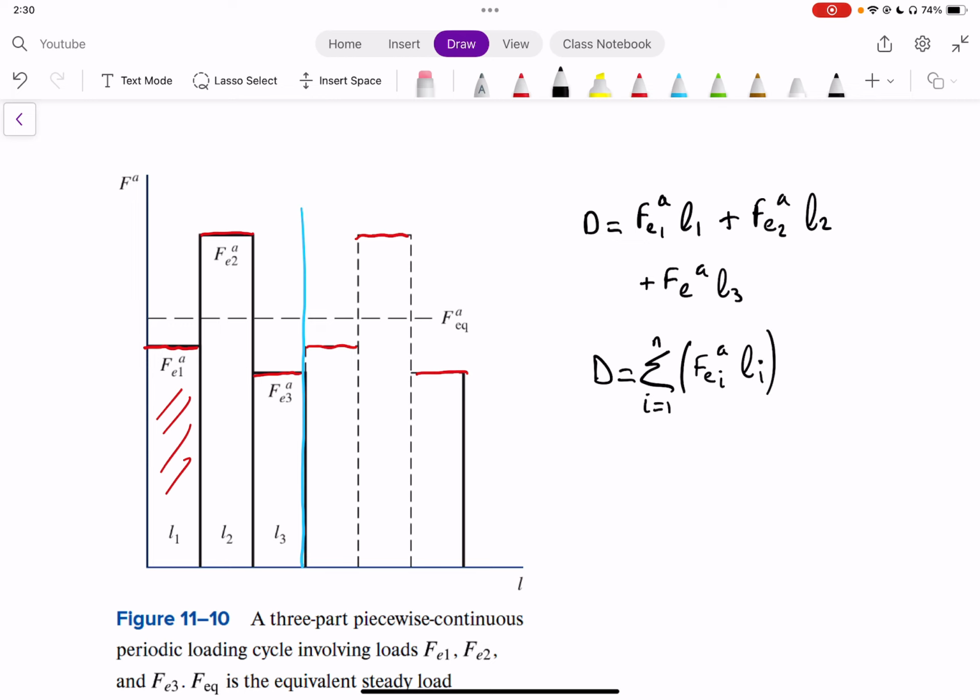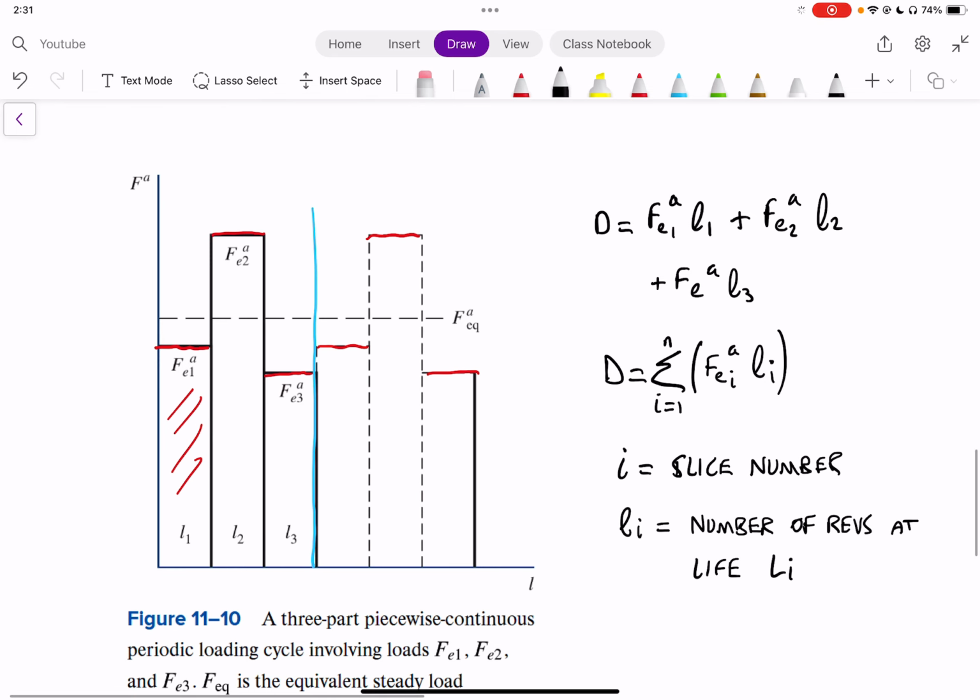Okay, we're just generalizing the equation above, where i is equal to the slice number and Li is equal to the number of revolutions at life Li. Okay, and it'll all make sense once we start doing an example problem.